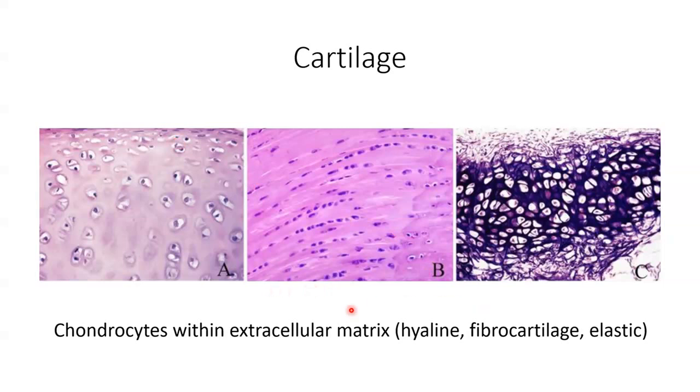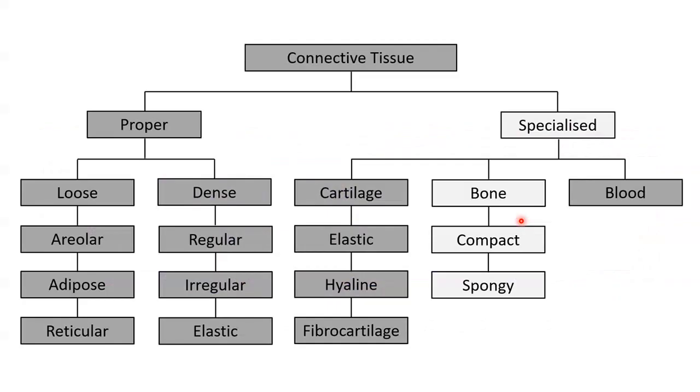This middle image is our fibrocartilage, so you can see all those long lines of collagen that's nice and densely packed in together, so it gives us a nice amount of strength. On the right, we have our elastic cartilage, and all of these dark purple lines are our elastic fibres surrounding those white bits, which are our chondrocytes.